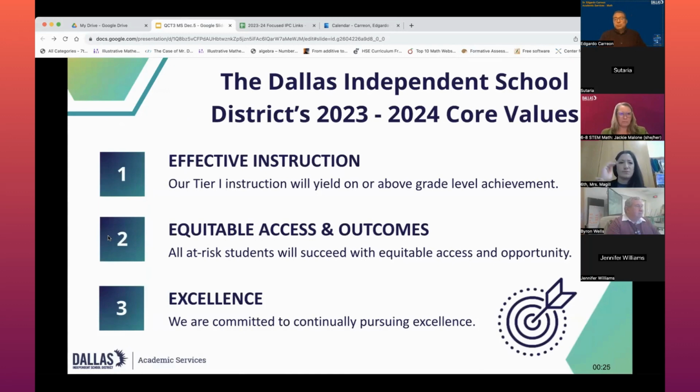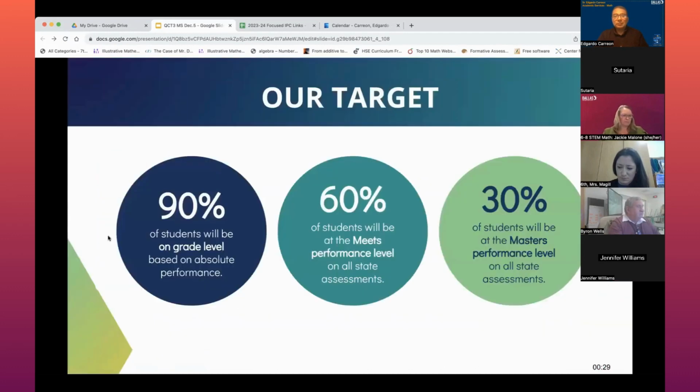The 2023-2024 core values for Dallas Independent School District are 3: effective instruction, equitable access and outcomes, and excellence. So those are the 3 core values for this school year. Our target is a 360-90.